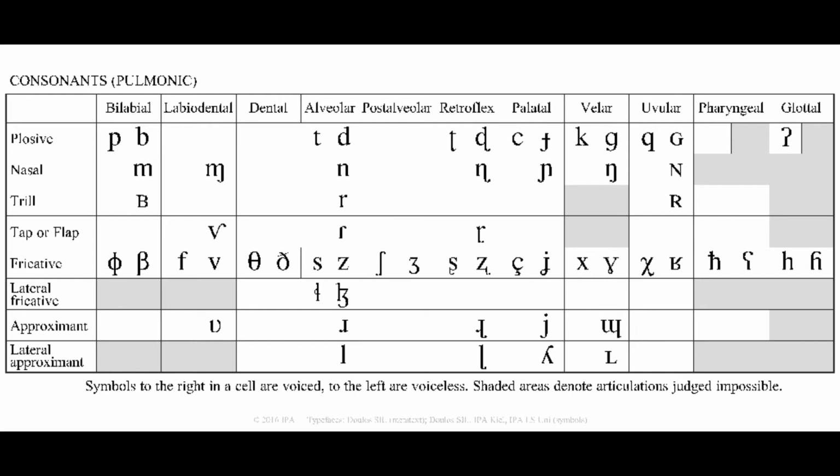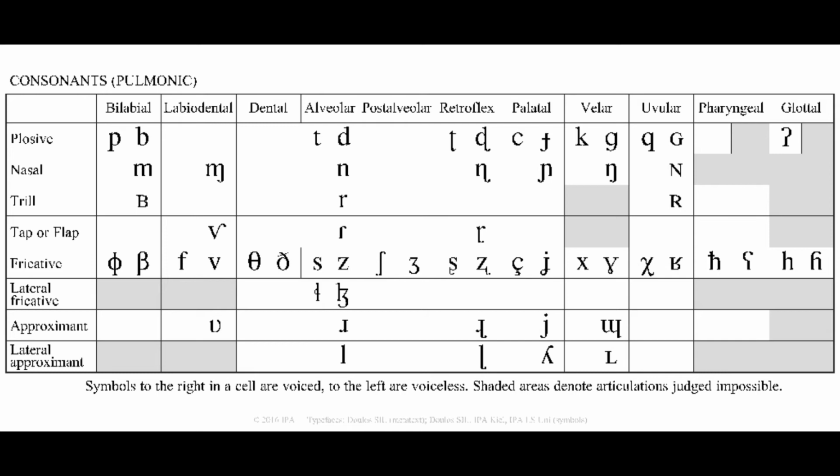A sound's place of articulation is usually named by using the Latin adjective for the active articulator, ending with an o, followed by the Latin adjective for the passive articulator. For example, a sound where the tongue tip, the apex, approaches or touches the upper teeth is called an apicodental.